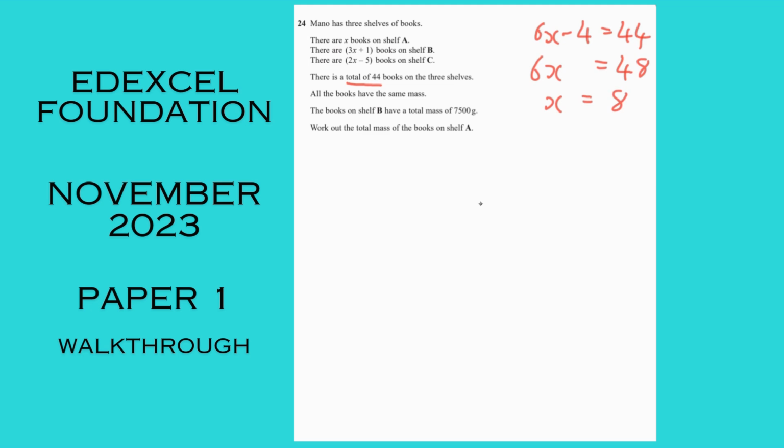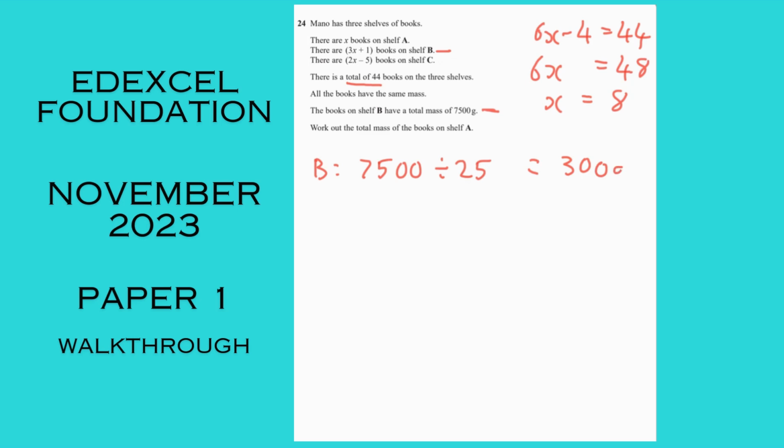So, when we look at shelf B, because there's the next bit of information, B has 3 lots of X, that's 24, plus 1, that's 25. Now again, not the easiest, but 75 divided by 25 is 3. So this one is 300.